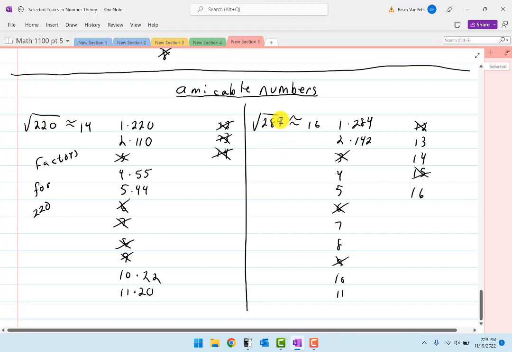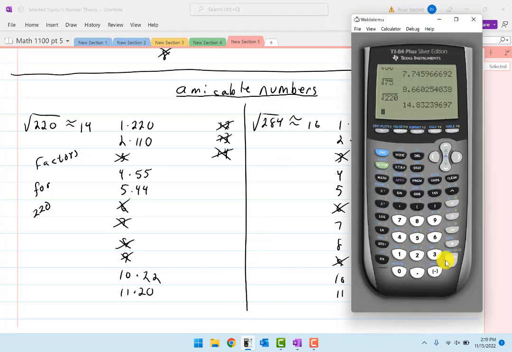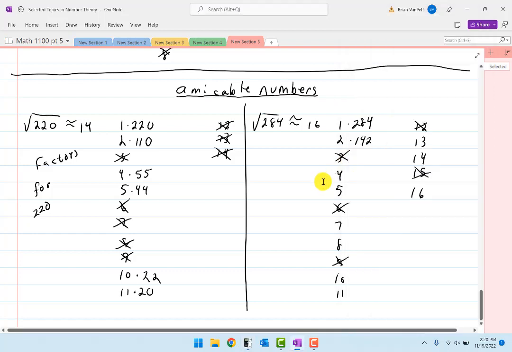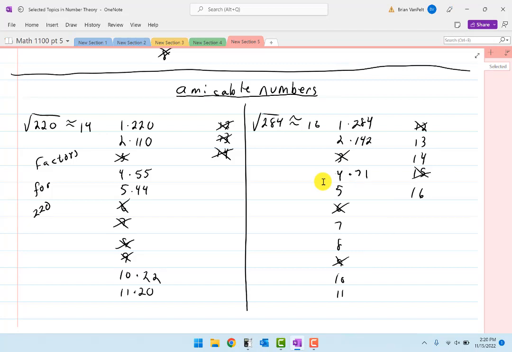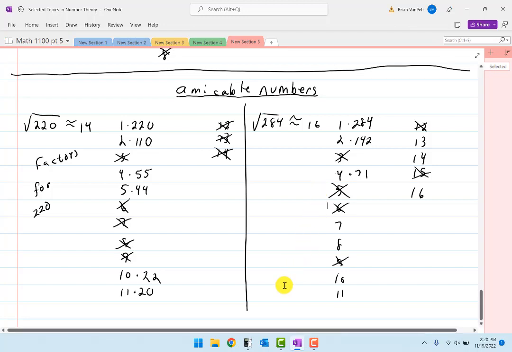Does 4? 4 does divide into 84, so I know 4 will go into the number. Let's check it out. 284, I think it's times 71, to be honest. Yeah, 4 times 71. 5 is not going to go into it because the number does not end in a 5 or a 0. 7, I don't think is going to go into it.